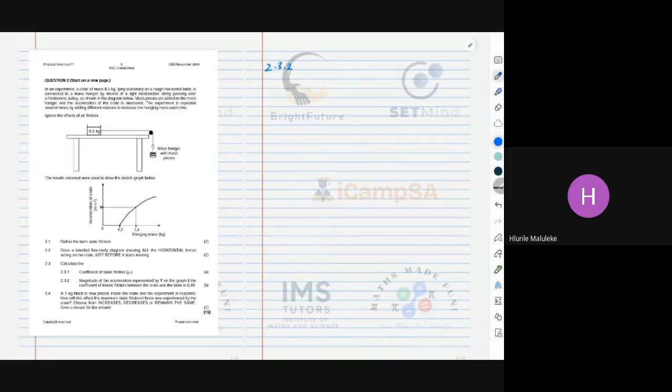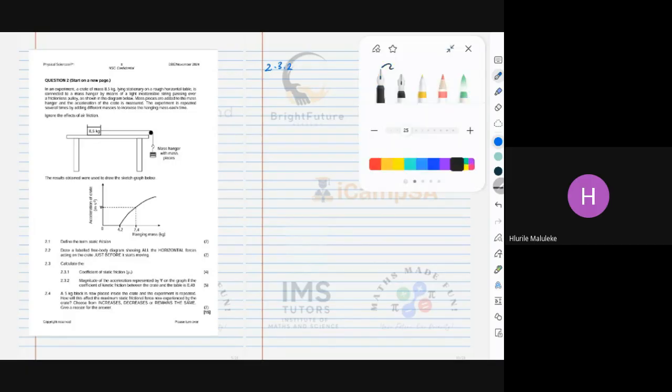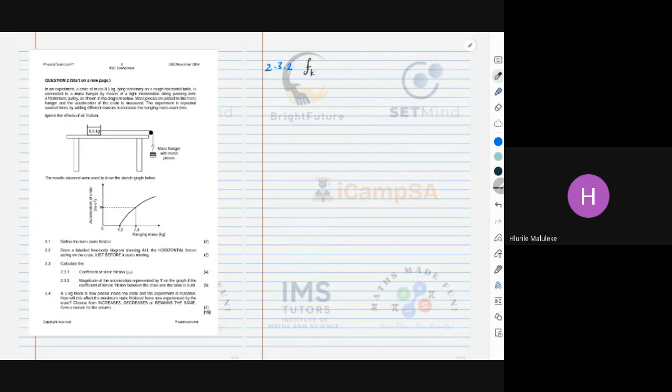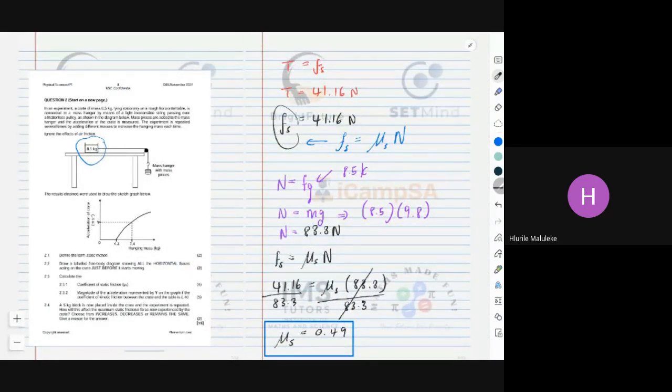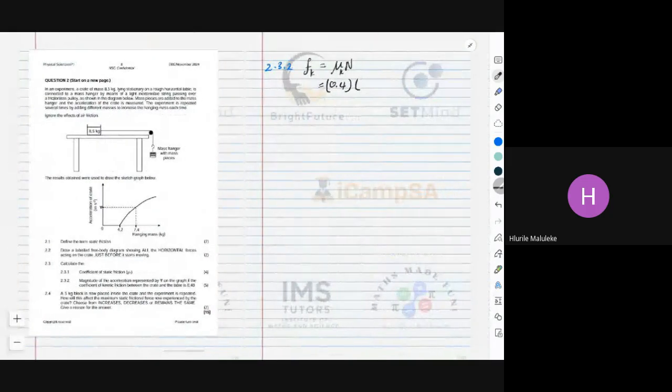So now we have a new coefficient of kinetic friction, right? So let's start with it first. Fk equals mu k times n. Mu k is 0.4 times the normal force for this part, which we've done, is 83.3.